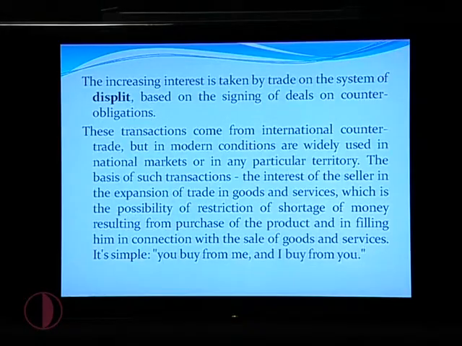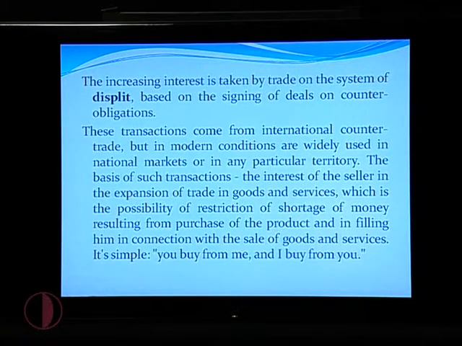The increase in interest is taken by trade on the system of offset, based on the signing of deals on counter obligation. These transactions come from international counter trade, but in modern conditions are widely used in national markets or in any particular territory.